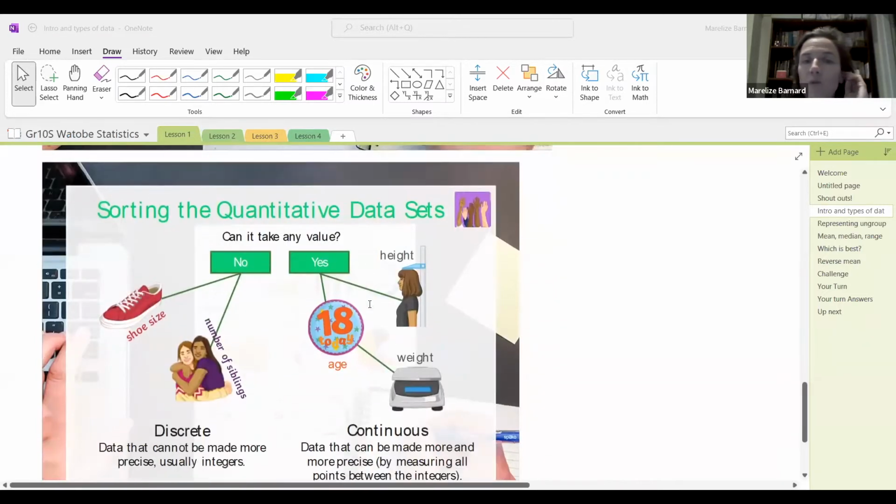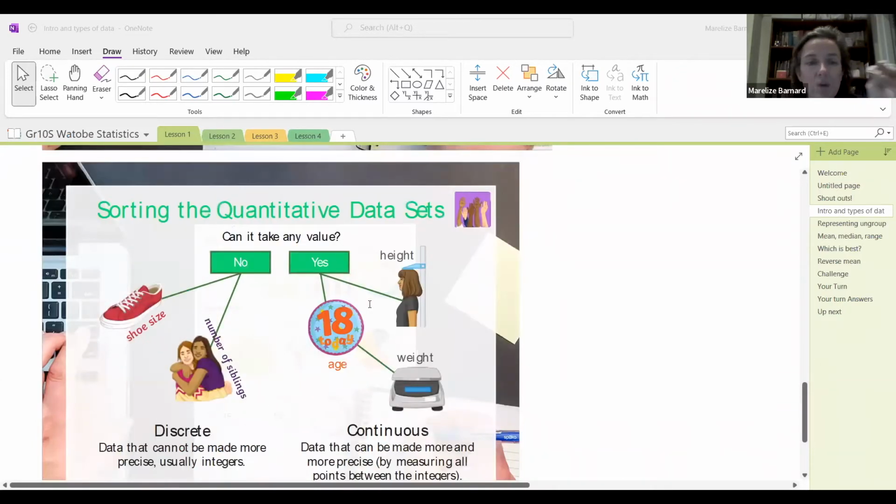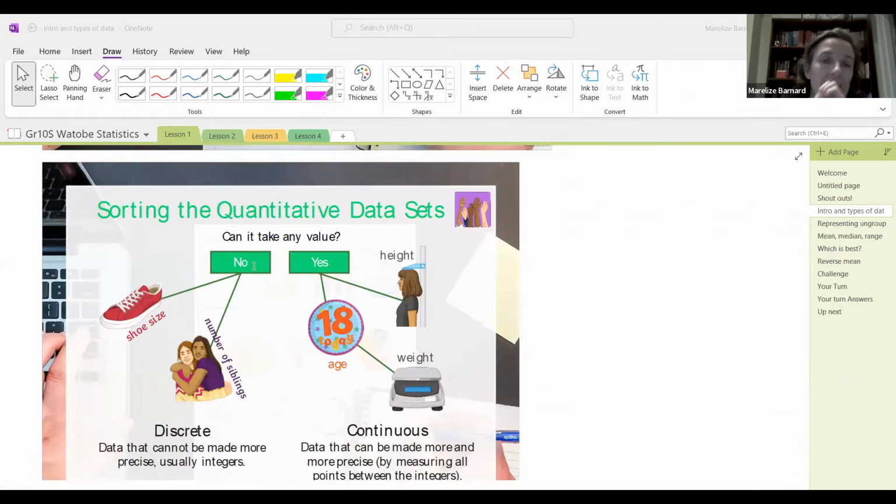And then if we have quantitative data, there's another distinction we make, and we call it discrete data and continuous data. Now, discrete data, on the left-hand side with the number of siblings and the shoe size, cannot be made more precise. It is usually in integers.